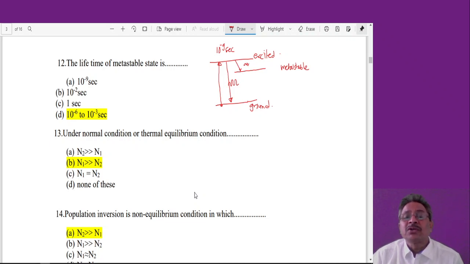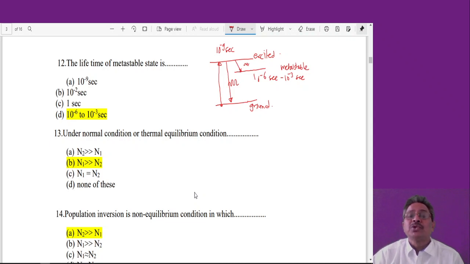But once the electron reaches this stage, it stays there for a longer time, from 10⁻⁶ seconds, that is 1 microsecond, to 10⁻³ seconds, that is 1 millisecond. So sometimes there are energy states between the excited state and the ground state wherein the excited electron may remain for 10⁻⁶ to 10⁻³ seconds.